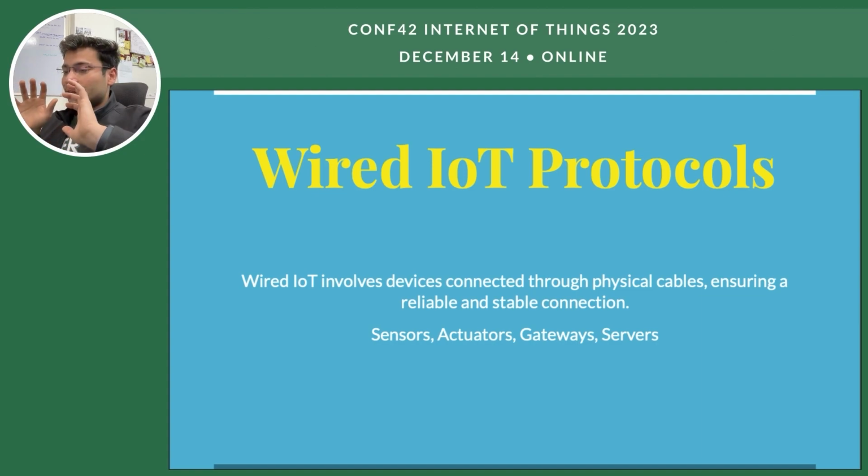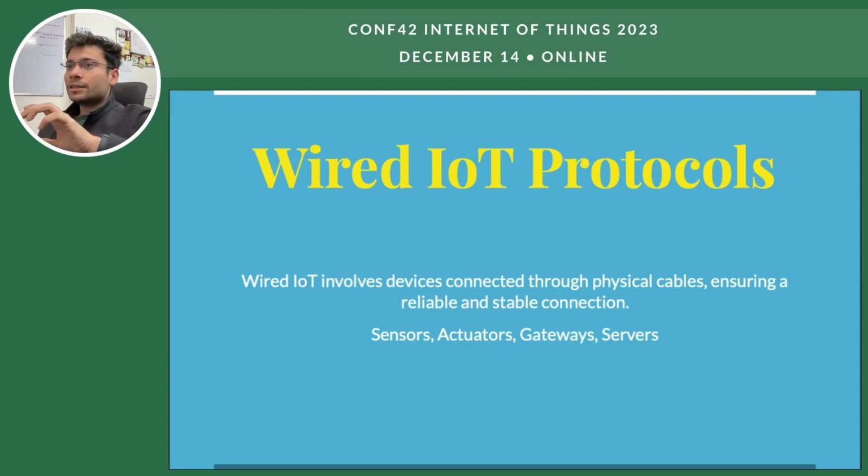As the name says, wired Internet of Things protocols are enabled through physical cables. We have a real physical cable which goes from point A to point B to make sure that our system works. These wired protocols have certain advantages: they are more reliable and offer a stable connection.